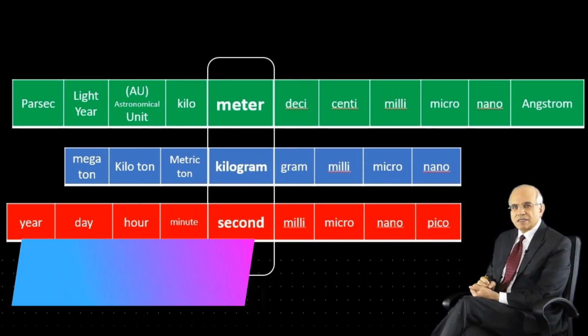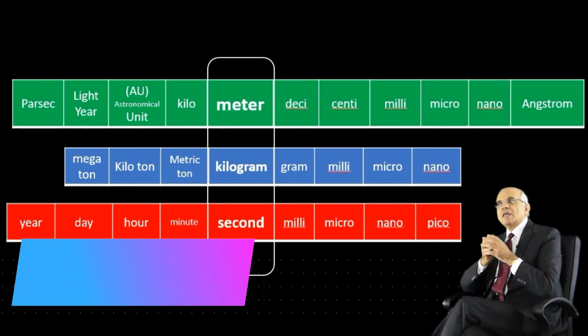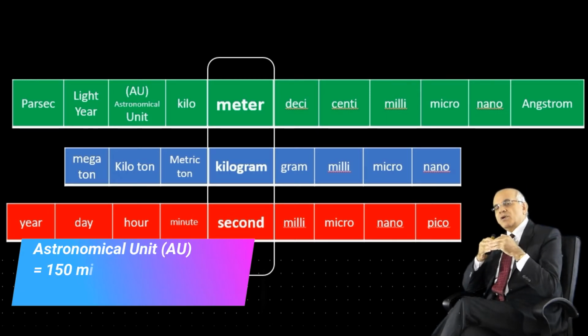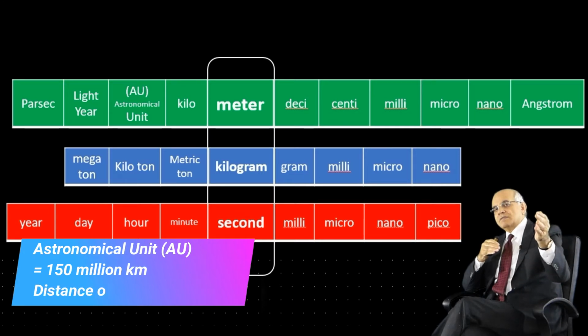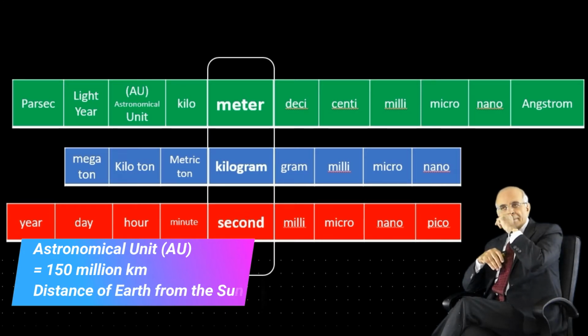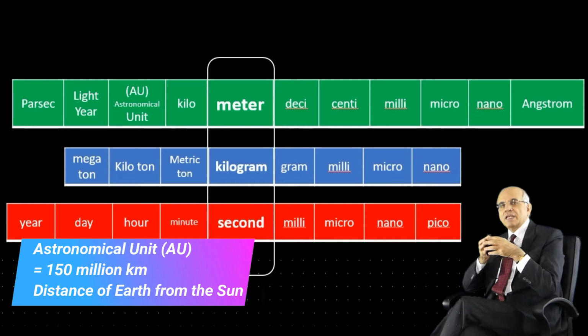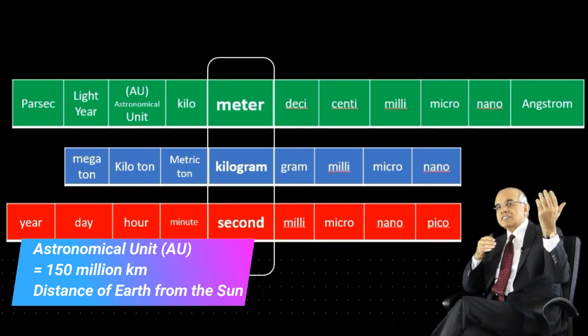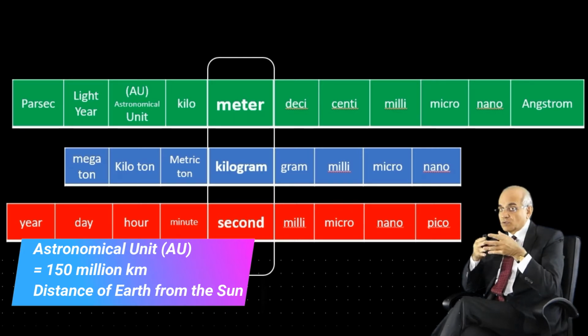What's an astronomical unit? The astronomical unit is the distance from Earth to the Sun. The distance from here to the Sun is 150 million kilometers. Okay? So that's in order to help us appreciate distances in space, which are huge, as you will see in the coming episodes. We use the astronomical unit as a guide.